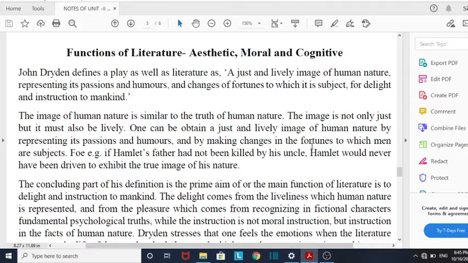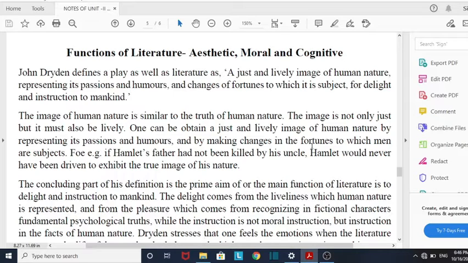Dryden is saying literature or play is a just and lively image of human nature. Read it very carefully, my friends. A just and lively image of human nature, representing its passions and humors and changes of fortunes to which it is subject, for delight and instruction to mankind. So that is a very nice definition.